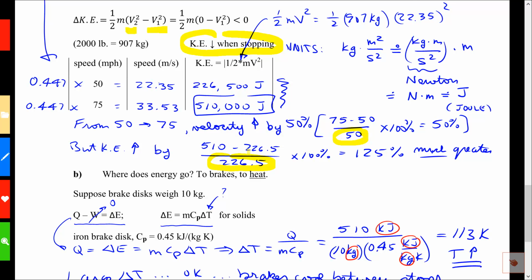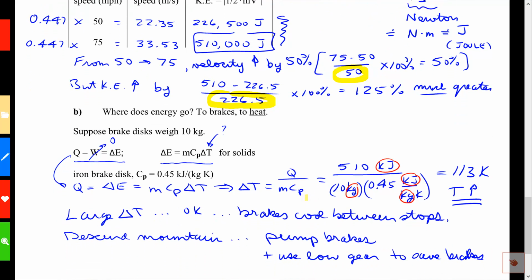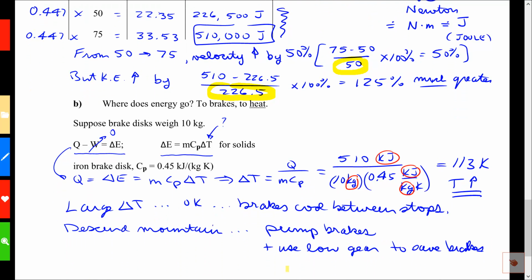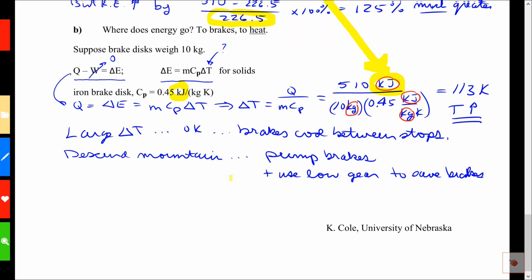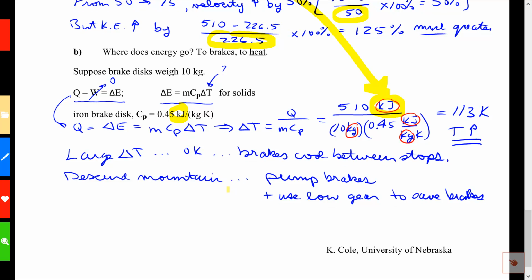When we computed where that energy went, it went to heat. We solved for the temperature change, and we had units in kilojoules, so I had to put down my value of the energy in kilojoules so it wasn't off by a factor of 1,000. And if you descend a mountain, be sure to save your brakes. Then all will be well.